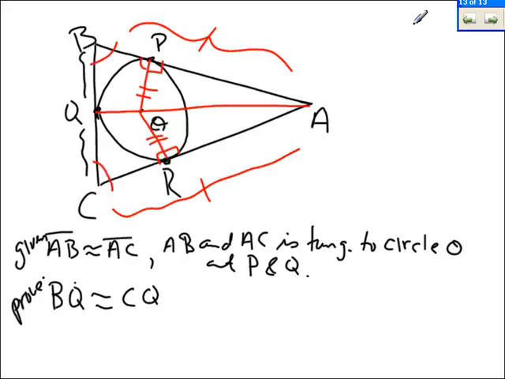Now, it looks like I have 4 triangles. Let's talk about above QA. I have 2 triangles. I have BQA, the big one, and then I have POA, the smaller one.